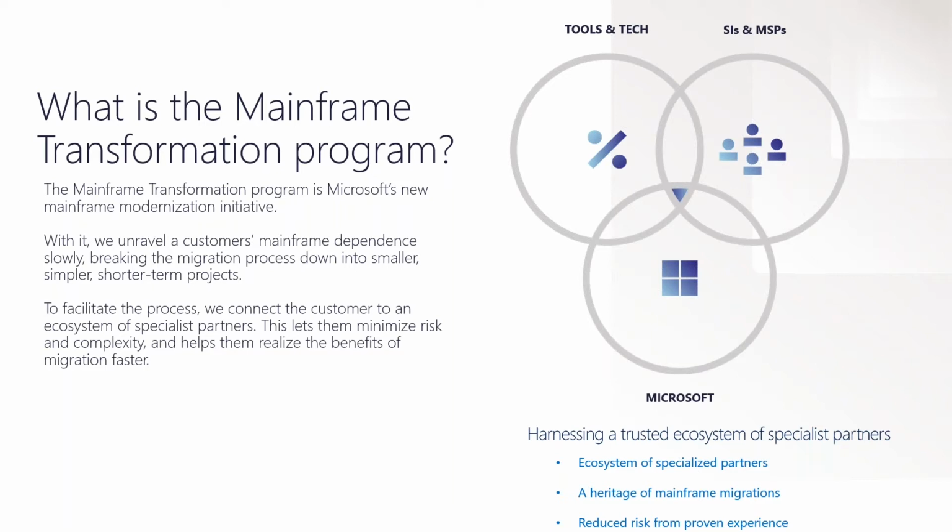And so for the last 13 years, we've had a big focus on ensuring that we build out a partner ecosystem and that, through our experiences helping drive more than 1,000 mainframe migrations, we can help guide our customers to make the right choice to be successful in their mainframe transformation journey. So it's that ecosystem of partners and that long experience and dedicated systems that we have across Microsoft that allows us to become trusted advisors with our customers. Next slide.